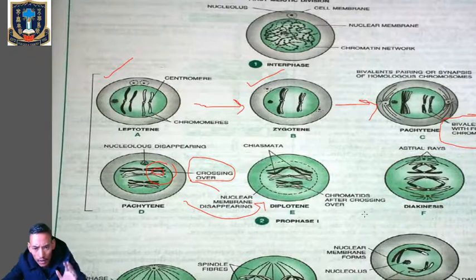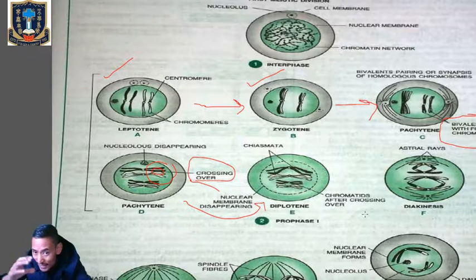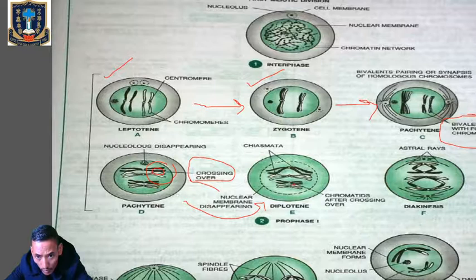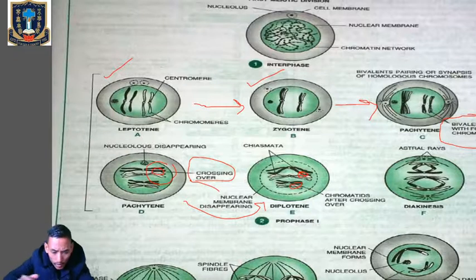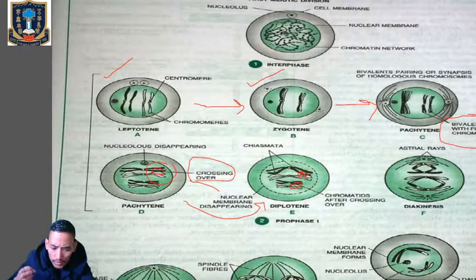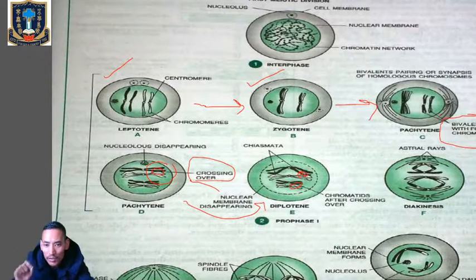If you look over here, in Diplotene phase, the homologous chromosomes separate except at the site of crossing over. This one is the point of crossing over. Except at the point of crossing over, the bivalent chromosomes have the tendency to separate from each other, and they will form an egg-shaped structure.